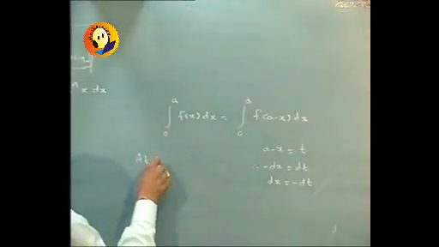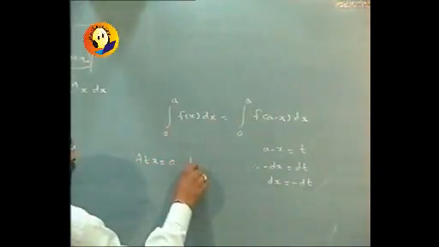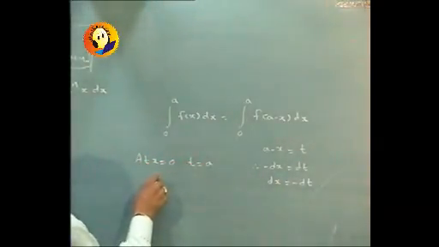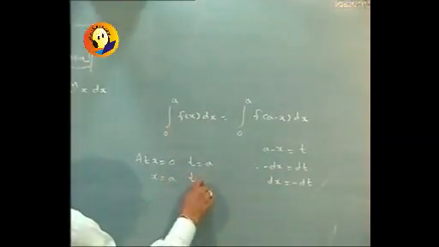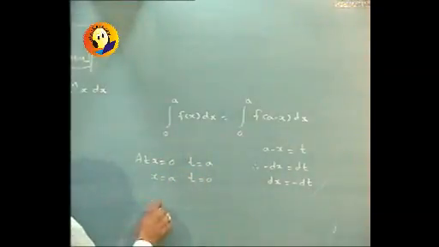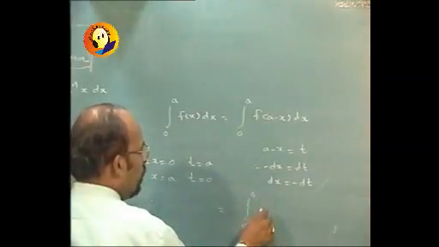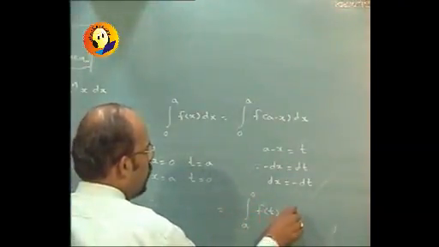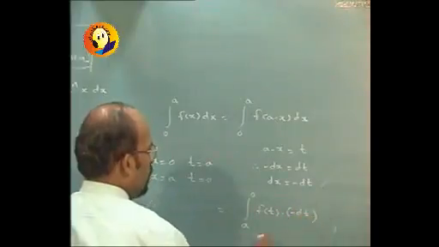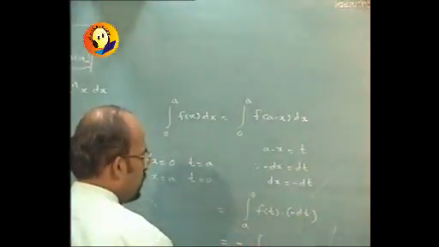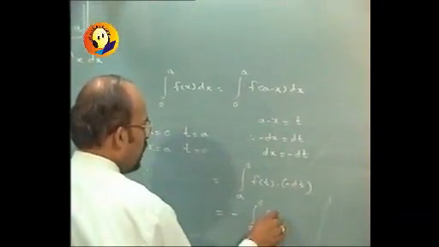At x equal to 0, t comes out to be a, and at x equal to a, t comes out to be 0. Therefore, the right hand side will be integral a to 0 f(t) into minus dt. Minus sign can be taken outside, so it is minus integral a to 0 f(t) dt.